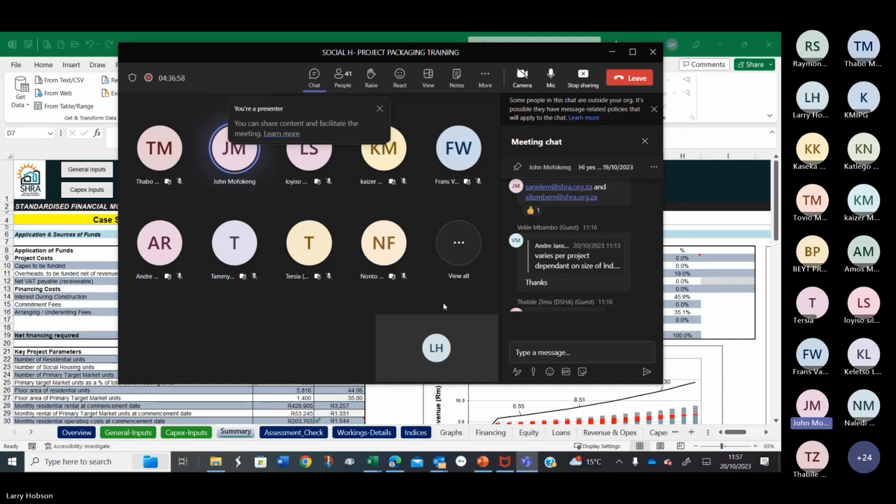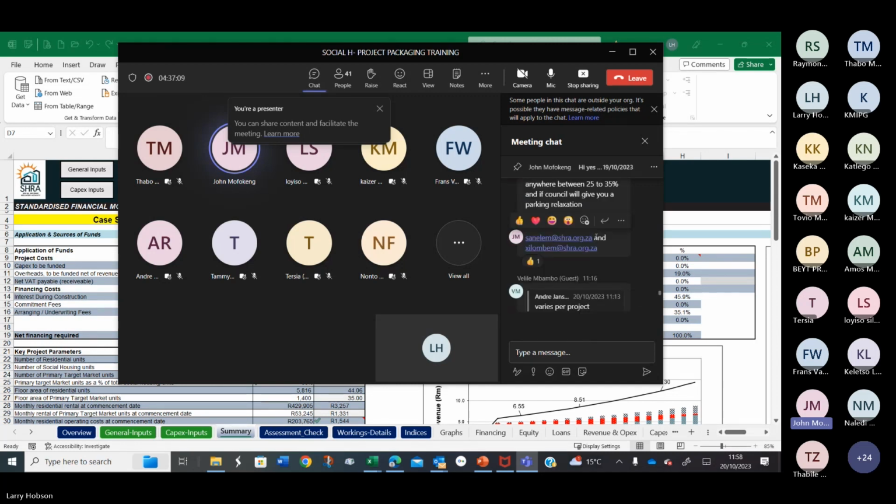As we indicated yesterday, you have an opportunity to make contact on a case-by-case basis, discuss specifics and get help from the specific process owners within the SHRA.